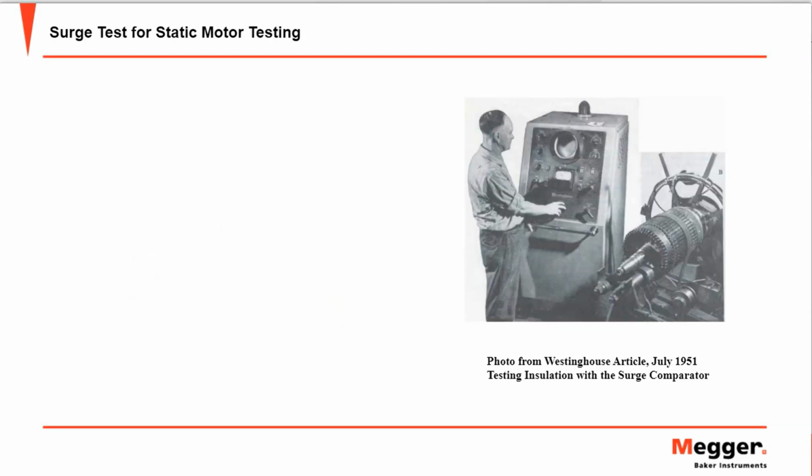So let's see the surge test many years ago. So here you can see a photograph from an article from Westinghouse in 1951 when they were using the surge comparator. This is the same as the surge test in order to identify weak insulation on the windings.